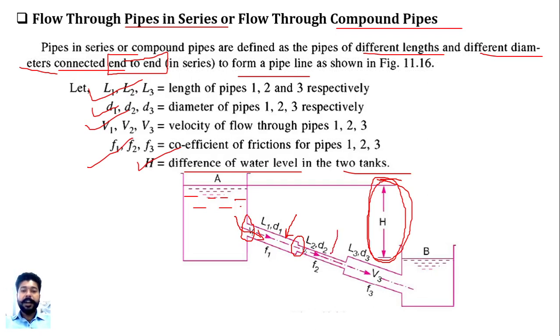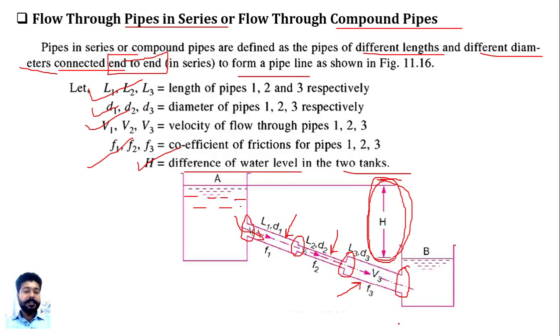The fourth one is the head loss due to friction in this pipe. The fifth one is the head loss due to enlargement of the pipe over here. Next is the head loss due to friction in this pipe, and over here again due to the enlargement of the pipe. So in total, 1, 2, 3, 4, 5, 6 and 7 types of head losses are present in this kind of pipe connection.